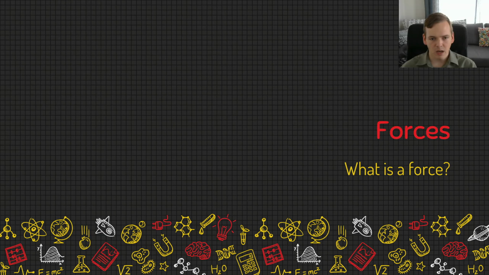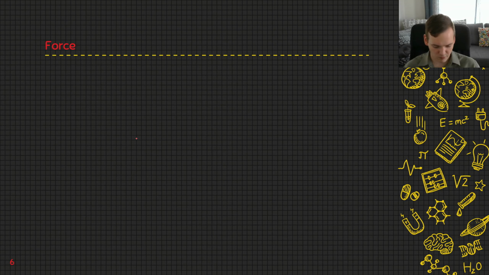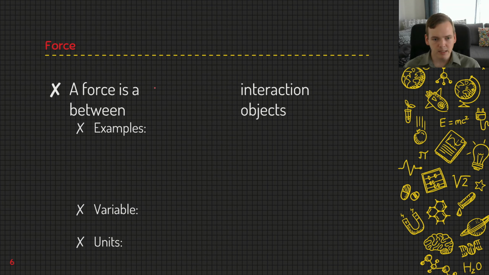So previously we talked about how objects will not move or will not stop moving unless they're acted on by a non-zero net force. So now we need to actually define what we mean by a force. A force is a push or pull.